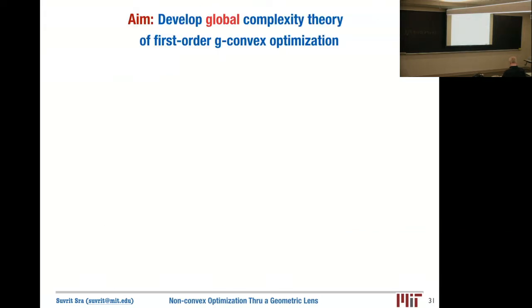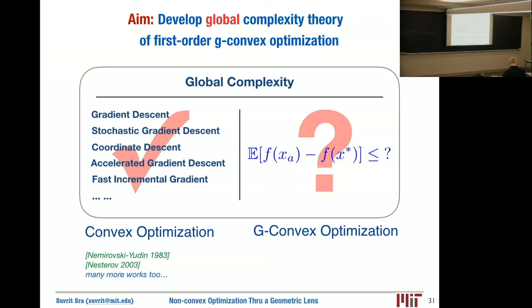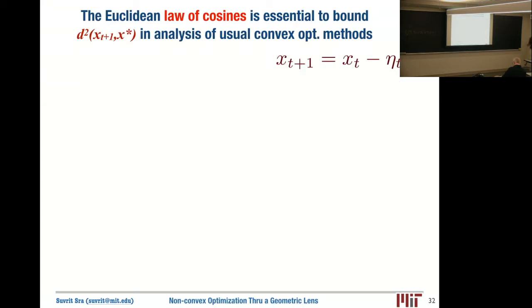So if you're analyzing this Euclidean gradient descent iteration, that's what the iteration looks like. And high school trigonometry is used here, which says x_t was so far from the optimum x star, and x_{t+1} is so far, and this is the distance between x_{t+1} and x_t, which are constructed like this. So you end up looking at a triangle, and you want to control how far x_{t+1} is from x star.